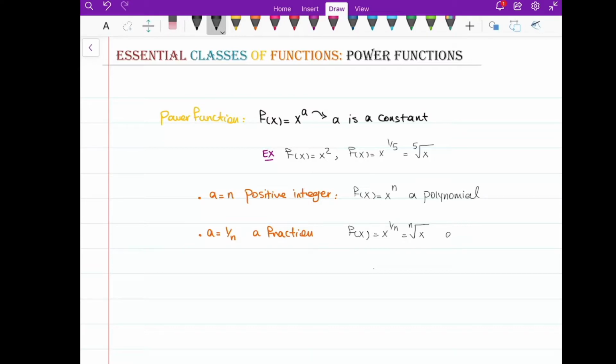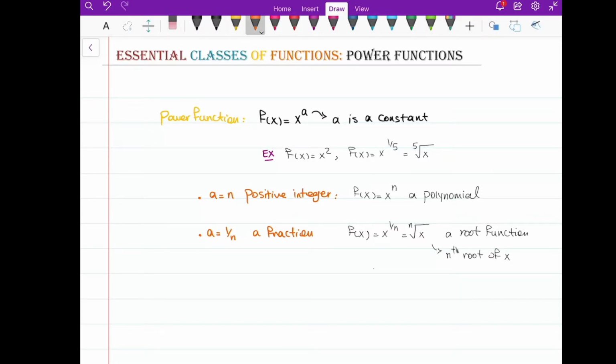We call it a root function. And we can call it like this, nth root of x.